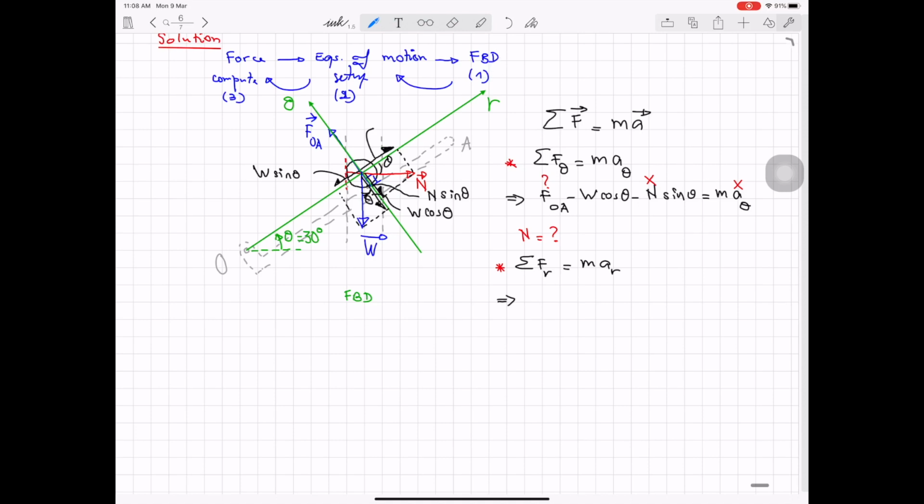So this is N times cosine theta, and it is positive. So the sum of the forces in the radial direction will be negative W sine theta plus N cosine theta is equal to the mass times the radial acceleration.